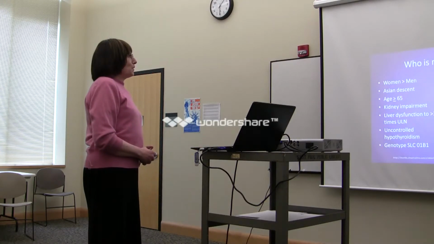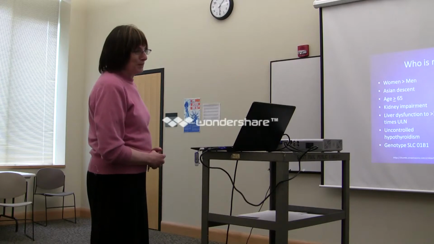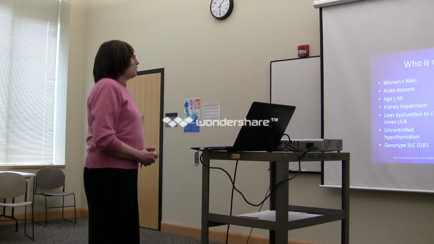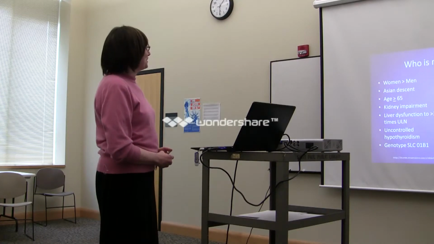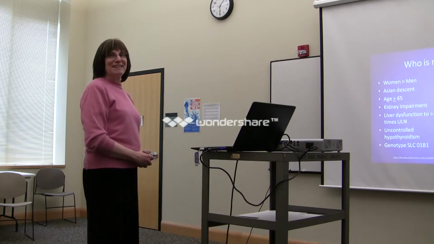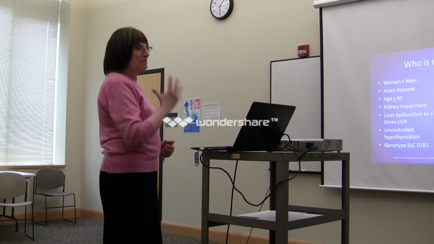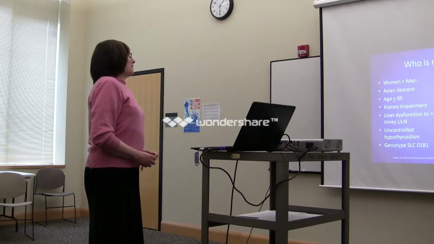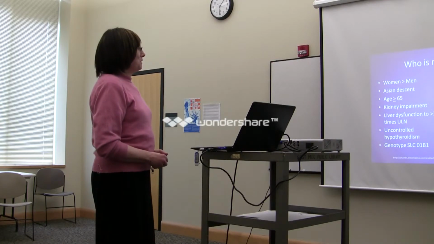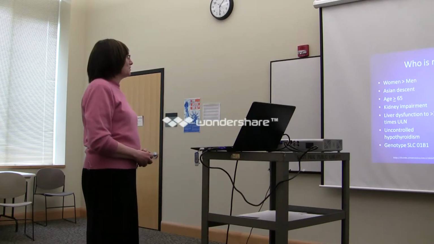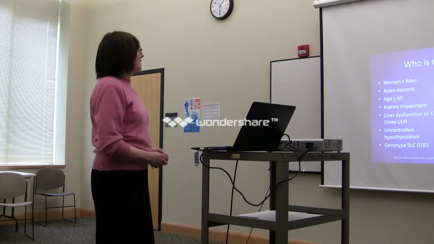So who is more at risk? I Googled for an aged Oriental or Asian descent lady, so that you have that picture in your mind. Women more than men; women have less muscle mass to absorb the hit.